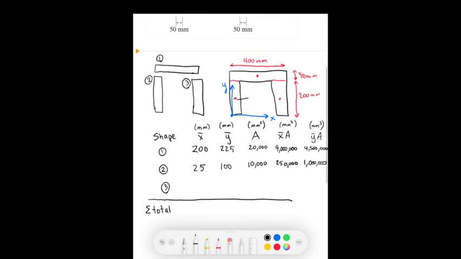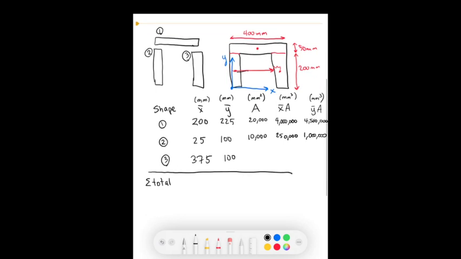And then we move on to shape number 3. For shape number 3, the x bar is going to be all the way over here, a distance of 350, and then we go another 25, so that's 375 millimeters, and the y bar is at 100. Find the area, same area, and find the products.